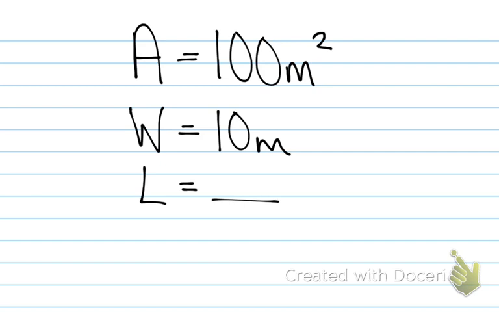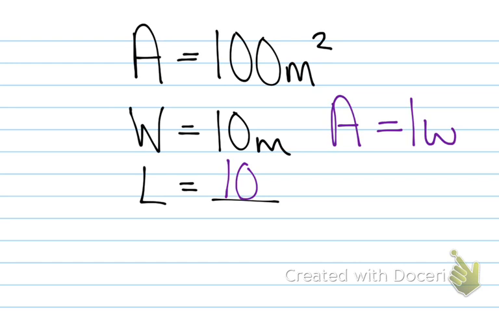Okay, so area equals length times width. So what you're telling me is that some number times 10 is going to equal 100. What is the only value that can make this true? 10. To the second power, though?